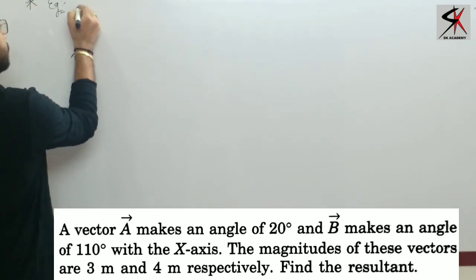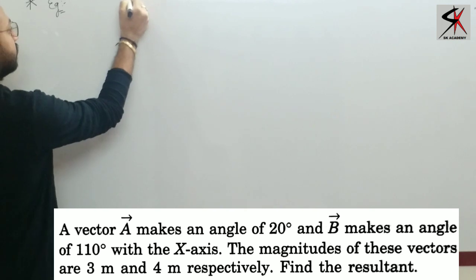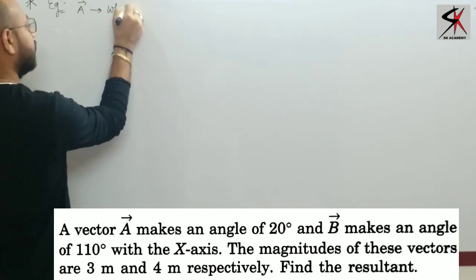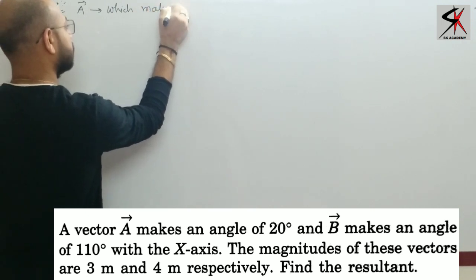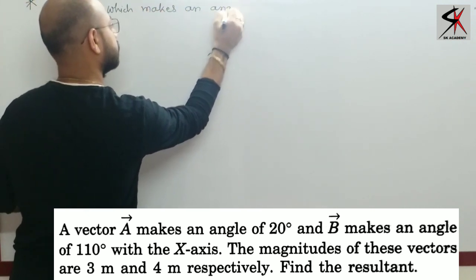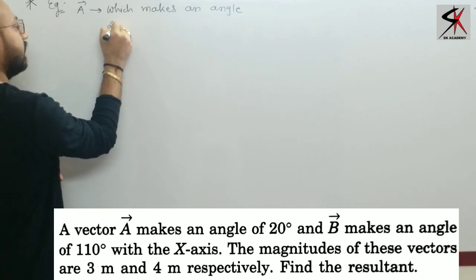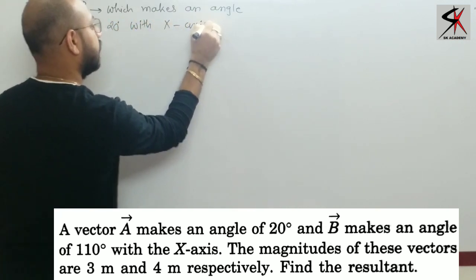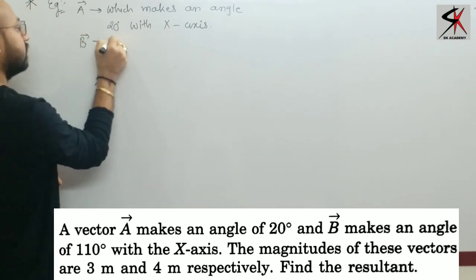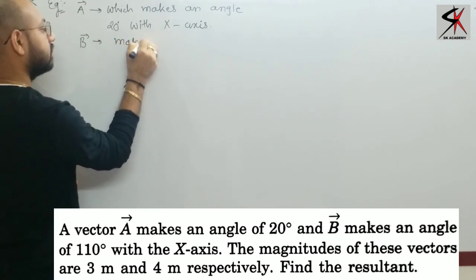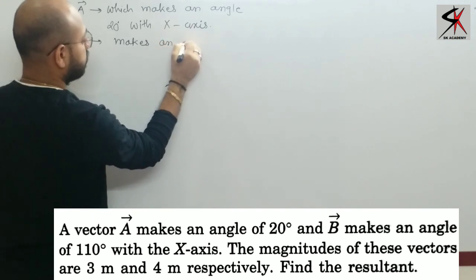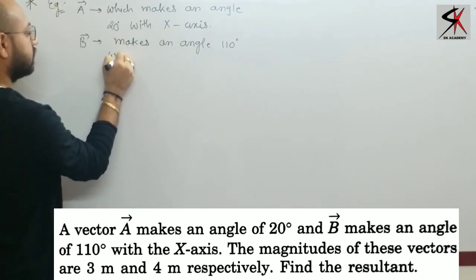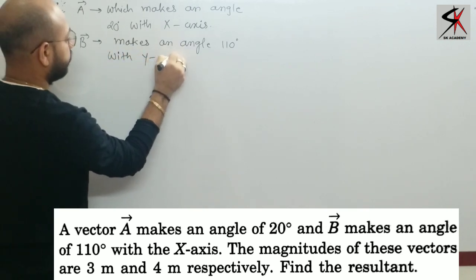So the first sum is, there are two vectors. One vector is A bar, which makes an angle of 20° with the x-axis, and B bar is another vector which makes an angle of 110° with the y-axis.